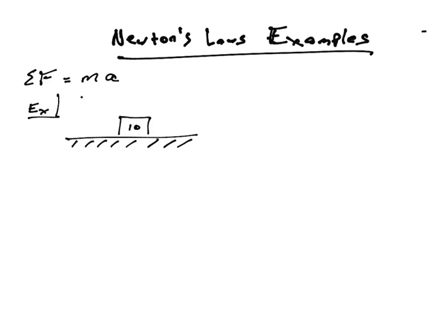If you push on this block with a force of, let's say, 30 newtons, and that force is applied at an angle of 60 degrees downwards like this, and then you also push back to the left with a force of 5 newtons, I'd like to find the acceleration.